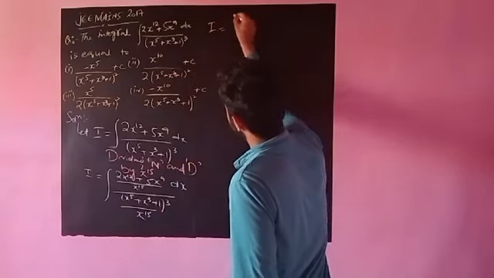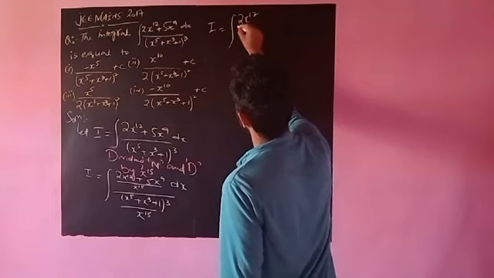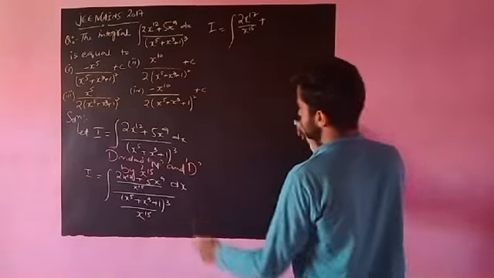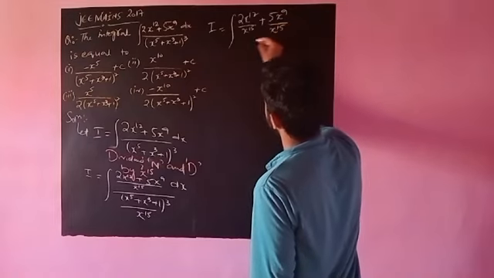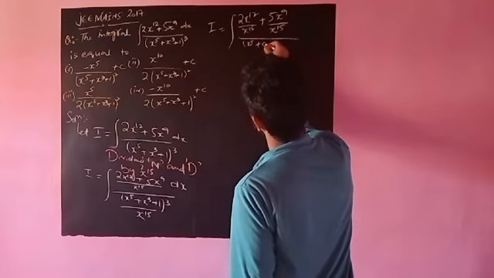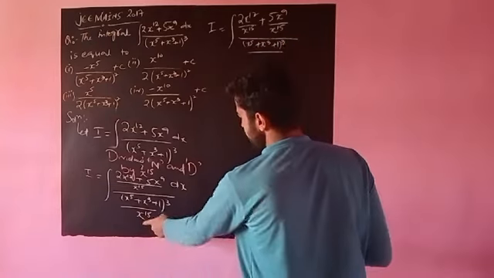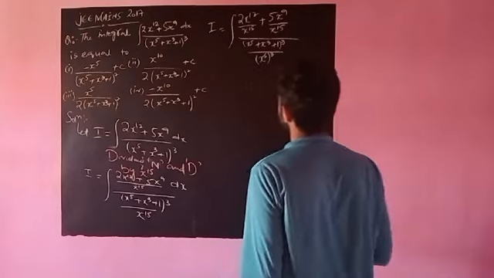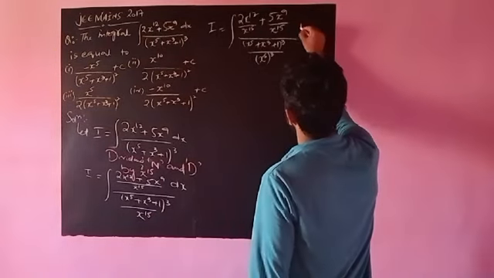That is, I is equal to 2x^12 upon x^15 plus 5x^9 upon x^15, whole divided by (x^5 + x^3 + 1)^3 upon, we will write this as (x^5)^3, that is 5 multiplied by 3, that is x^15, into dx.